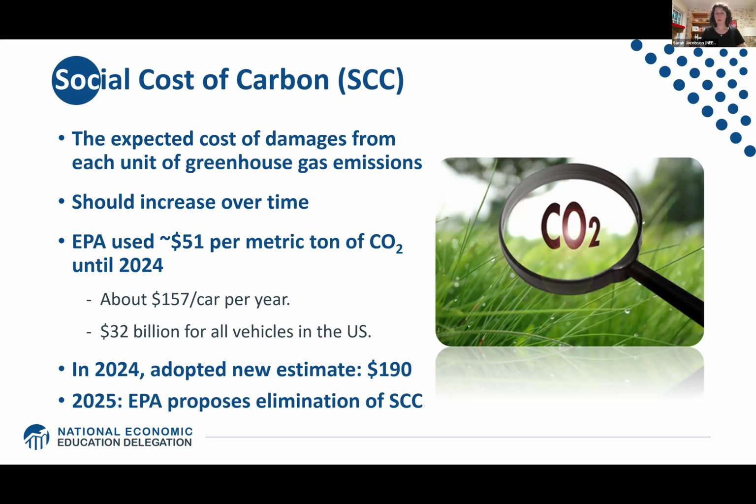Now, it was the 2024 EPA that adopted this result of these decades of science, saying that the social cost of carbon should be $190 right now. The current EPA has proposed the elimination of the social cost of carbon, basically setting it to zero, which is not congruent with the work that these scholars have done over time.